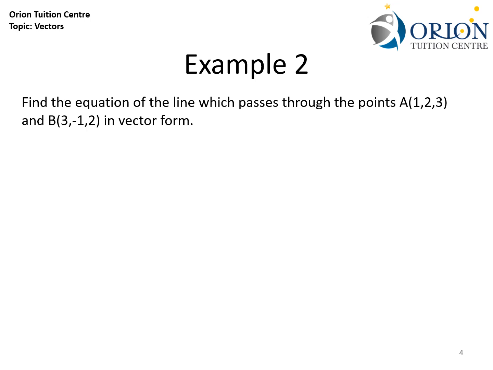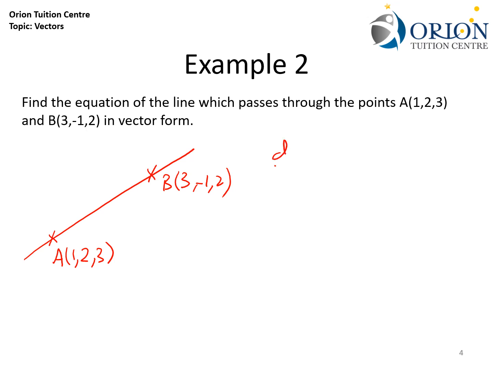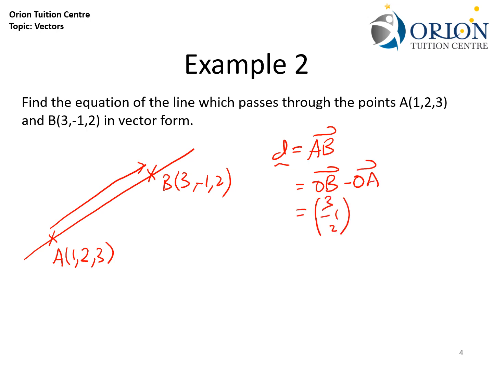In example 2, we are now asked to find the equation of a line that passes through 2 points, point A, 1, 2, 3, and point B, 3, minus 1, 2. What we have to do now is to identify that the direction vector of the line can in fact just be vector AB. So it is going to be OB minus OA, which is 3, minus 1, 2 minus 1, 2, 3.